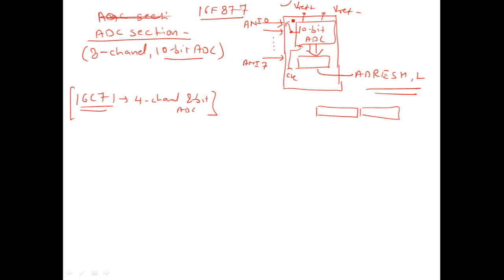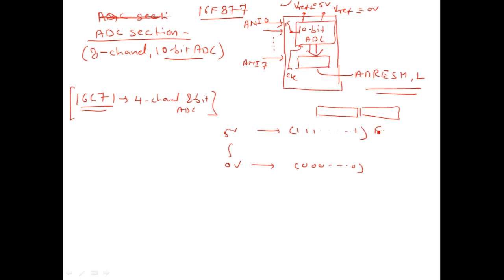They actually decide the analog input voltage range, or dynamic input voltage range, of your ADC. For example, if you make V reference minus 0 volts and V reference plus 5 volts, then the analog input can change from 0 volts to 5 volts at the most, and then 0 volts will be converted to all zeros, 10 bits, and 5 volts will be converted to all ones, maximum full scale output.